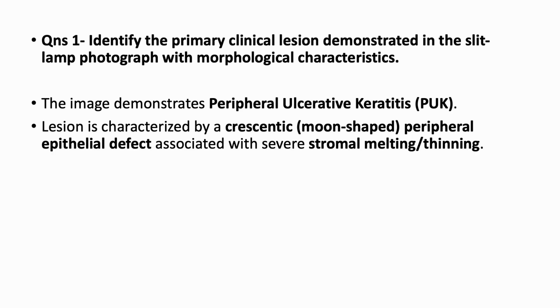It is located adjacent to the limbus and there is no clear zone. It is associated with severe stromal melting and thinning, which further causes an epithelial defect that stains positive with fluorescein. Associated with that, there will be limbal vasculitis. So this is classical for PUK. This is our first question.